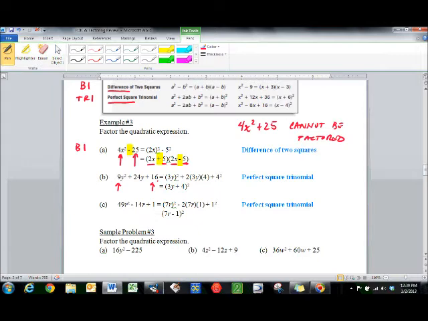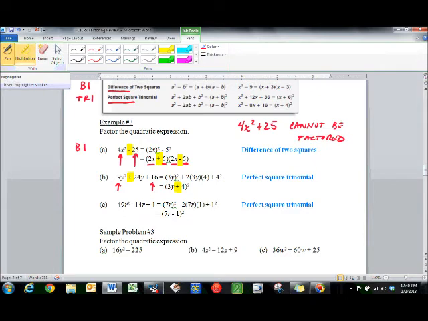What I'm going to encourage you to understand, as this example doesn't clarify enough, and I'll talk about this a little bit more, is that the 24y is going to break apart, and we're going to use the sign in front of the 24y as the sign in our final answer. So if we have a positive number there, we're going to end up having 3y plus 4 twice, and then we can write that answer as 3y plus 4 squared.